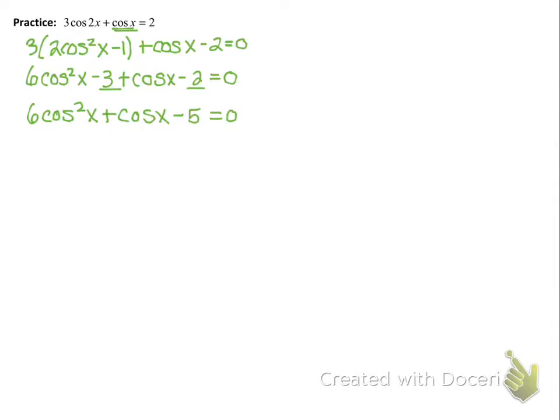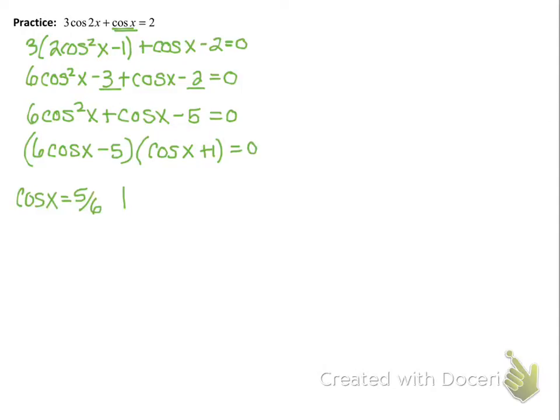And after I factor this one, I end up getting 6 cosine x minus 5 times cosine x plus 1. So on my left, I'm going to have cosine x is equal to 5 over 6. This is positive cosine, so it's going to be in quadrants 1 and 4.